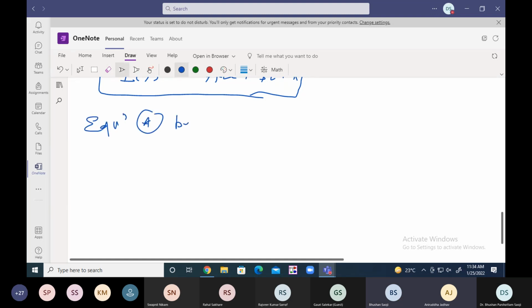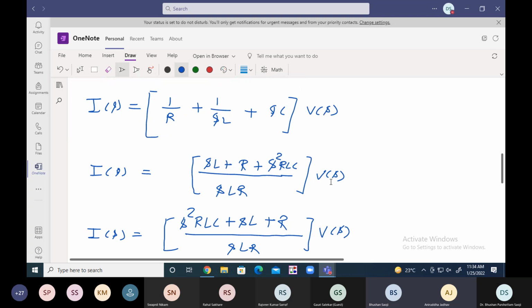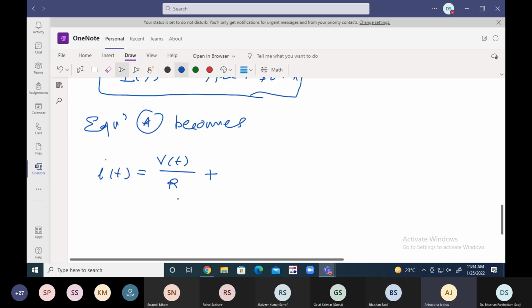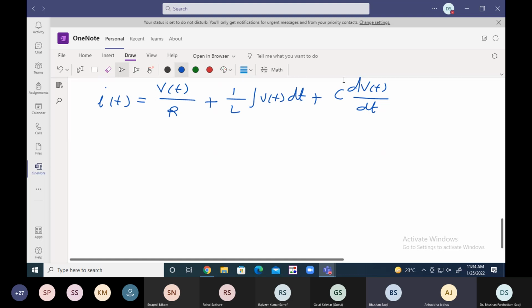Equation A becomes I of t equals V of t divided by R plus 1 by L integration of V of t into dt plus C into dV of t by dt. So this is our equation A.